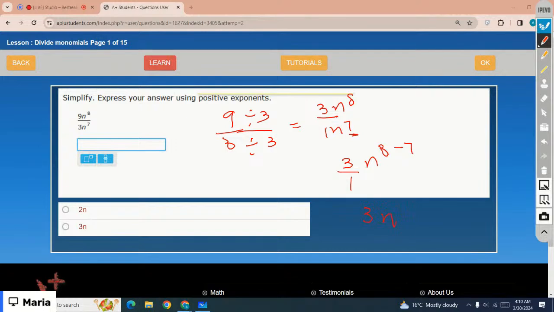So the correct option is option number 1, that is 3n. The correct option is 3n. Option number 2 is the correct option, right?